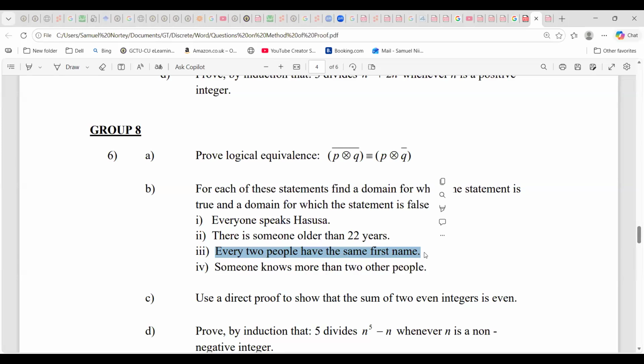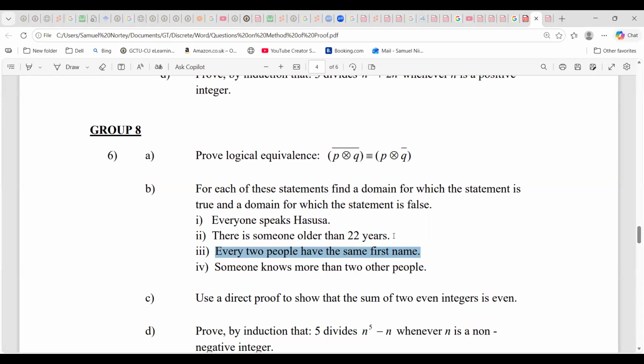Sir, is there a way that you can make the domain, maybe for question two, you can say a domain for which it is true, then prove your answer, and also a domain for which it is false? No, you have to give two types of domain.